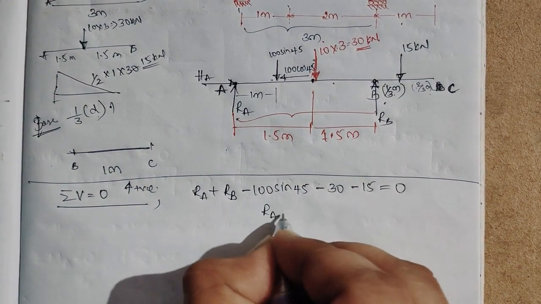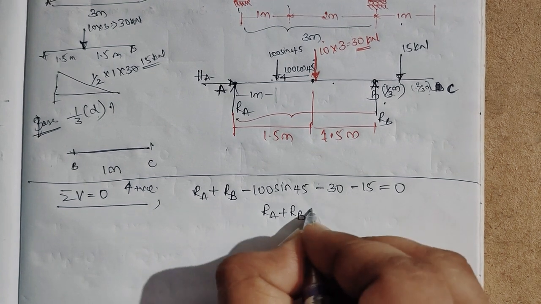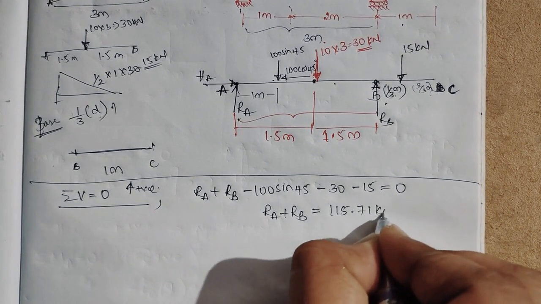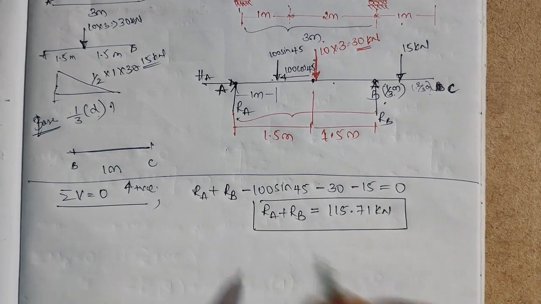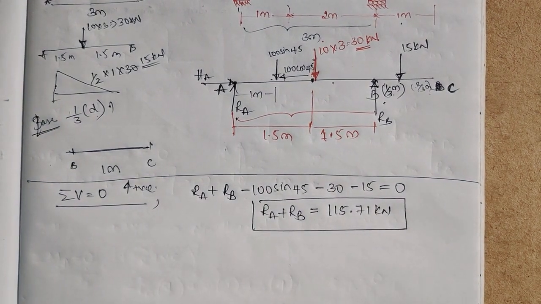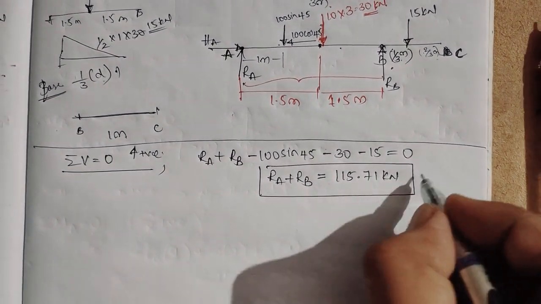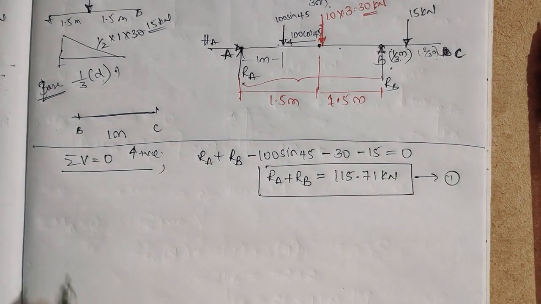So RA plus RB is equal to 115.71 kilonewton. I already calculated it. Let this be equation number 1.